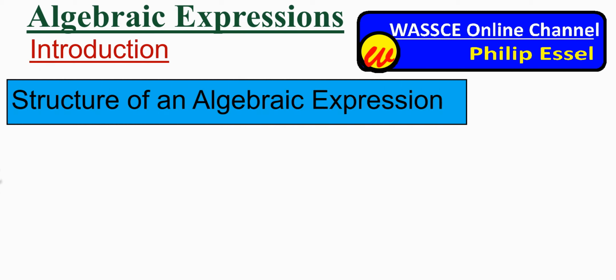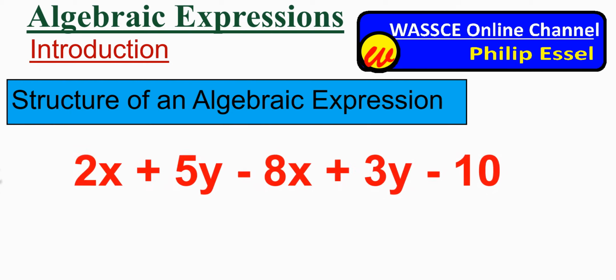Still under introduction, I would want us to look at the structure of an algebraic expression. So we have the algebraic expression 2x plus 5y minus 8x plus 3y minus 10. And I believe that we agree that this mathematical expression is an algebraic expression.